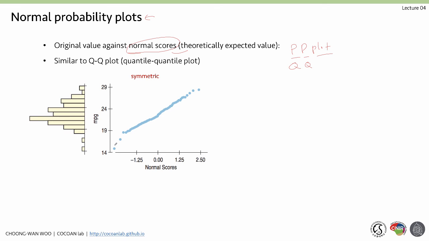Okay, so here, let's say you got the miles per gallon for cars, and this is a distribution of the MPG. And you can calculate the percentile using this. So sort this data, and then you can calculate the ranking, right?